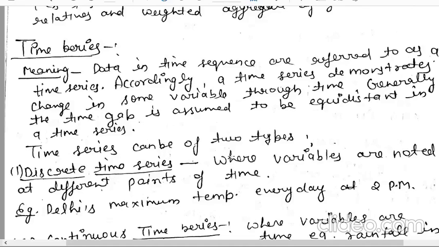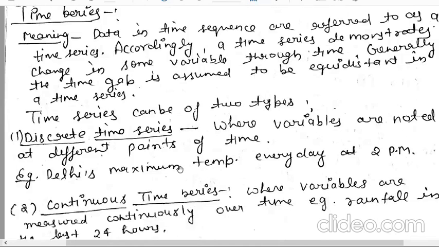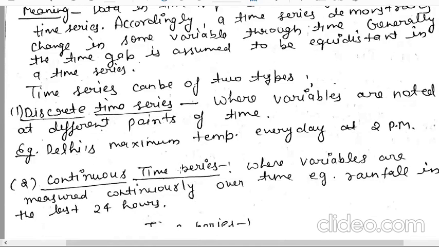Time series can be of two types. The first one is discrete time series, and the second one is continuous time series. Discrete time series is where variables are noted at different points of time. An example is Delhi's maximum temperature every day at 2 p.m., right? So this is a discrete time series.